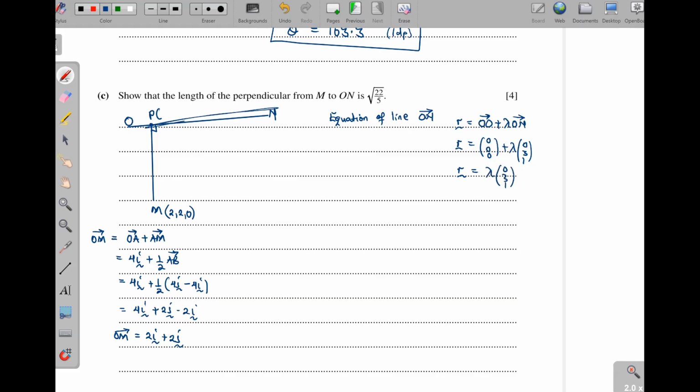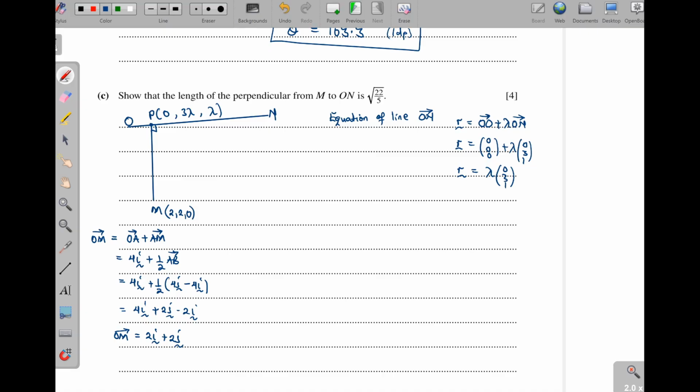Any point that is on this line has to satisfy this equation. So the x coordinate is going to be 0 times lambda, then the next one is lambda times 3, so 3 lambda, and then lambda times 1.